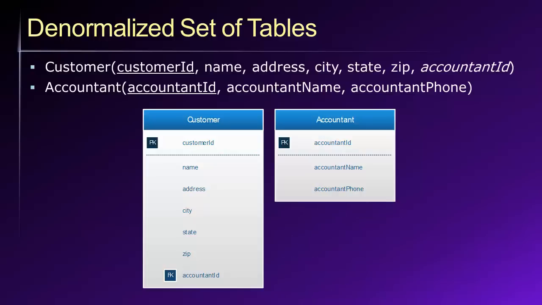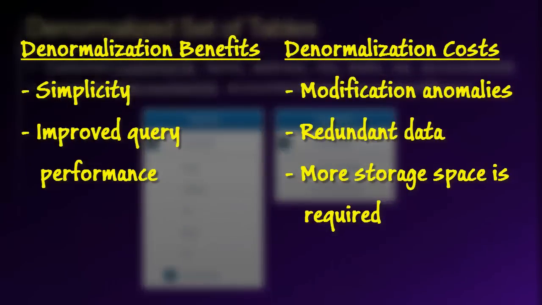These types of anomalies in the data would not be present if we had retained our original normalized design, but because we made the decision to denormalize those tables, we are now exposed to the possibility that these anomalous data values might exist.